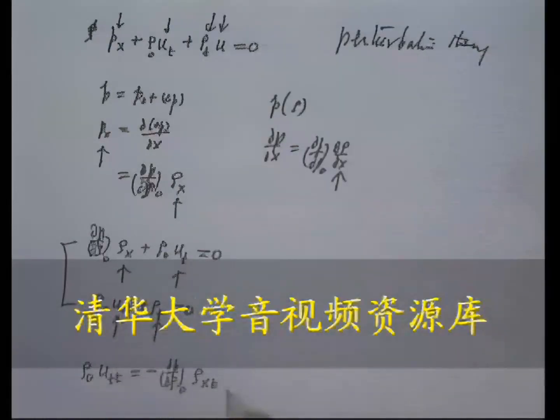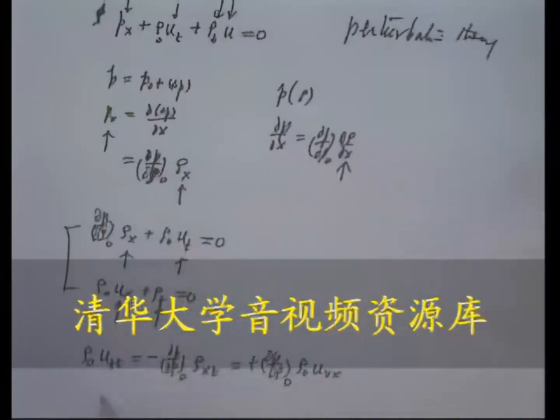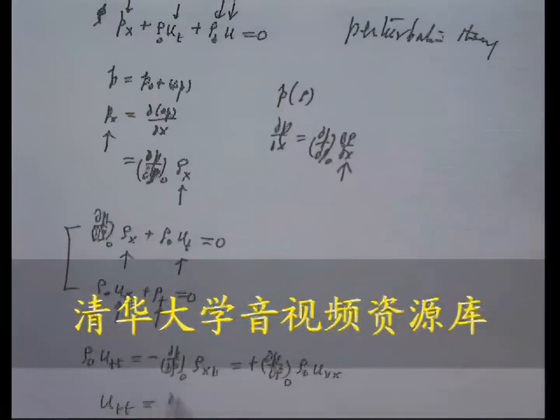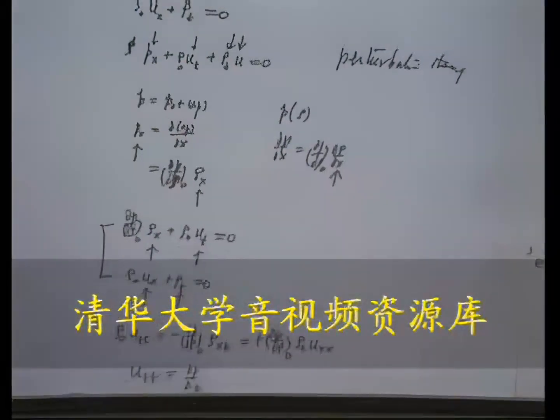Now from the second equation, this is equal to minus dP/dρ times ρ0 uxx. So we get utt is equal to dP/dρ times uxx.